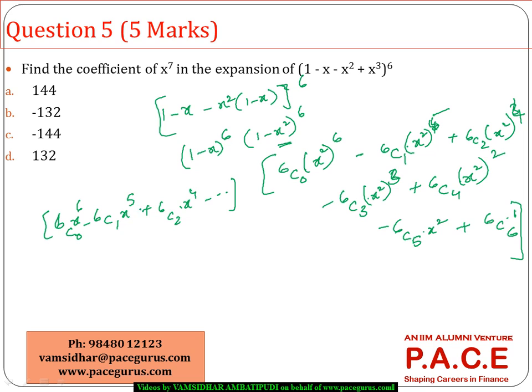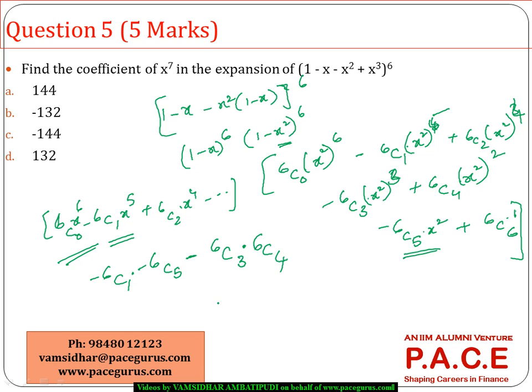Now I can see x power 6 does not result in x power 7, but x power 5 could result in x power 7, because here I can take the x squared. So probably I'll take it as minus 6c1 into minus 6c5. X power 4 does not result, but x cube could result. So which will come out as minus 6c3, and here x power 4 should come, means into 6c4.